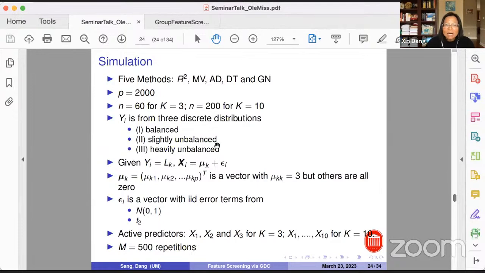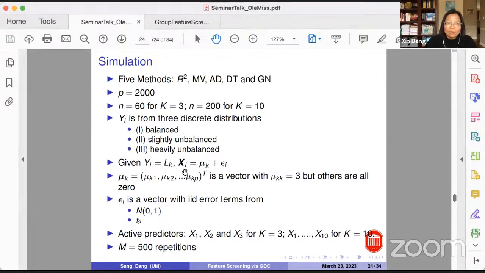Slightly unbalanced, where the largest pk is about twice the smallest pk. And heavily unbalanced, where the largest pk is 5 or 6 times the smallest one. So we consider these 3 cases.